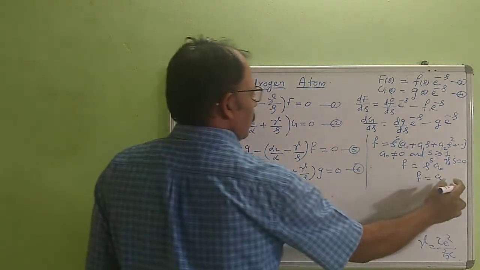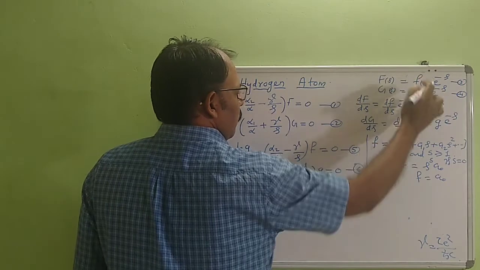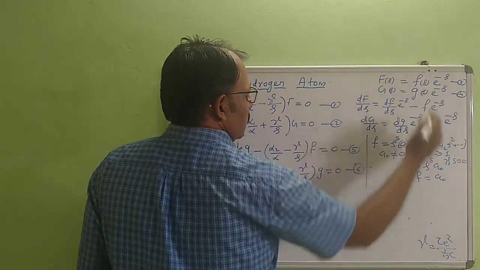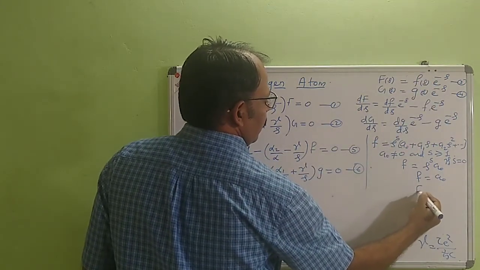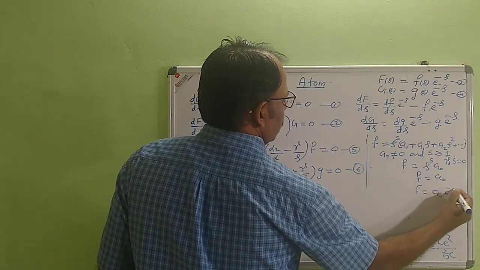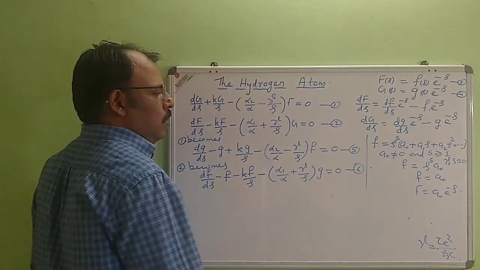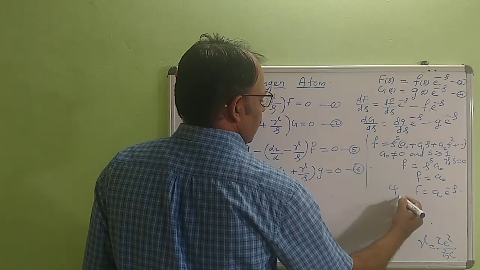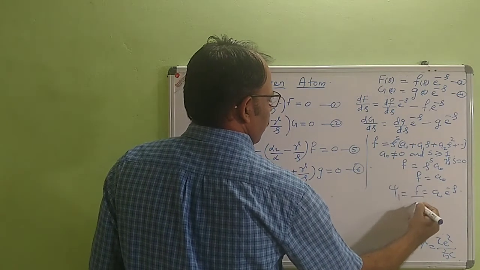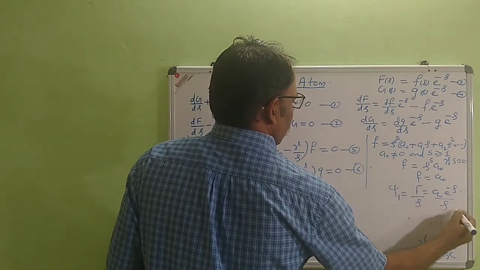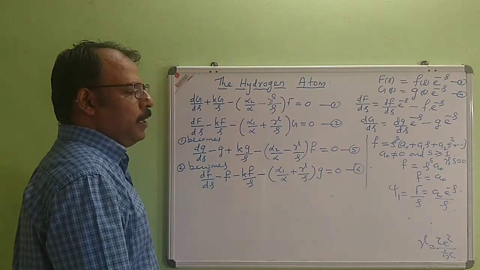If f equal to a0, then we have f equal to a0 e raised to minus rho, and we know the solution as I1 equal to f by rho. So this will be a0 e raised to minus rho by rho.